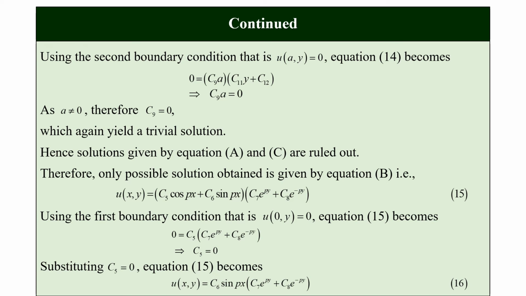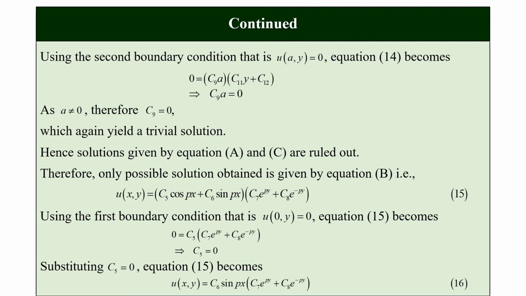So we substitute c5 equal to 0 in equation number 15. We have u of xy is equal to c6 sin px into c7 e raised to power py plus c8 e raised to power minus py.